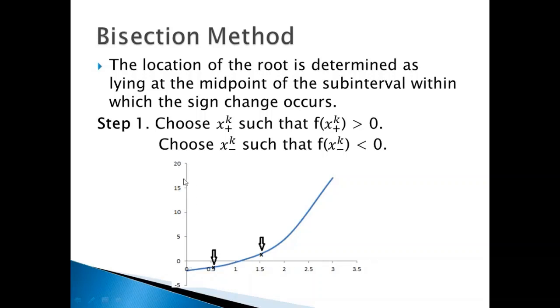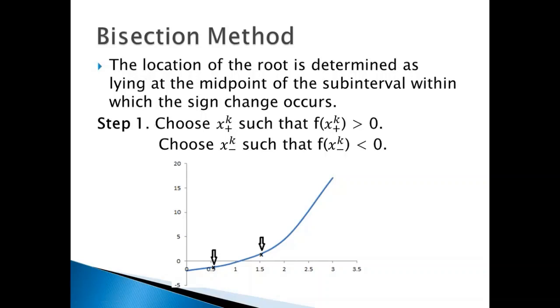If this is our f of x or y, everything from 0 going up is positive, and everything from 0 going down is negative. In this example, if 1.5 is substituted to the function, its graph is placed above the 0, so that is x plus. However, if 0.5 is substituted to the function, its graph falls below the 0, so that is x minus. Those are the definitions of x plus and x minus, and that is the first step for the bisection method.